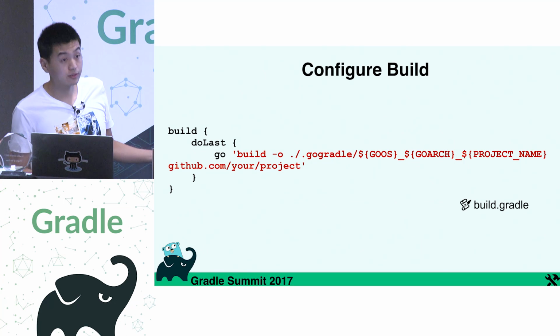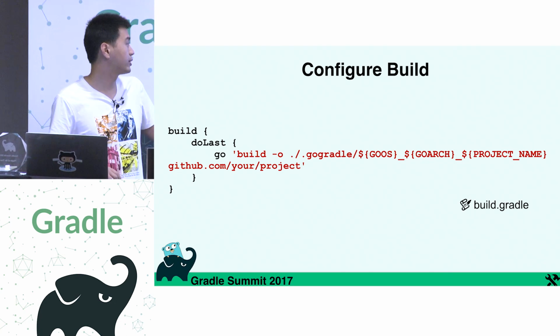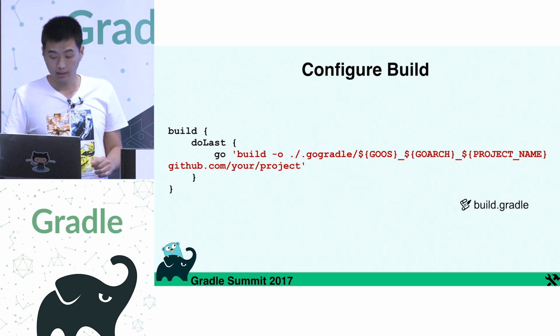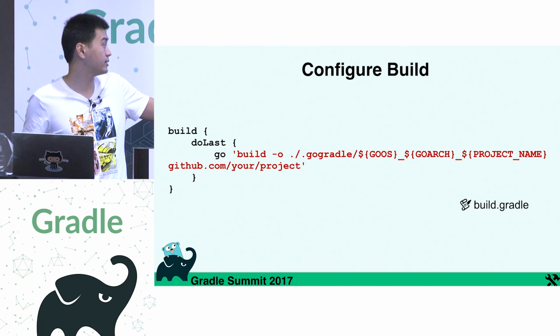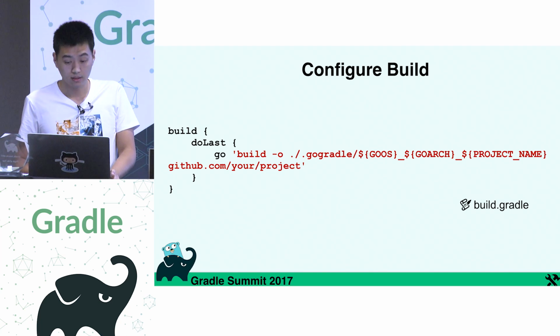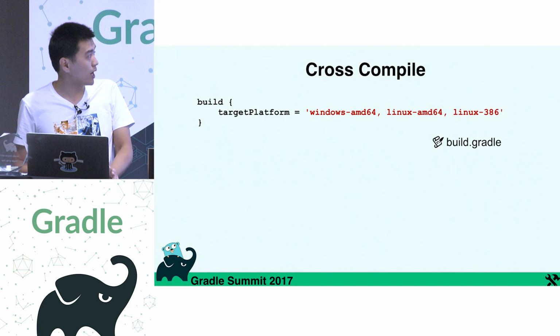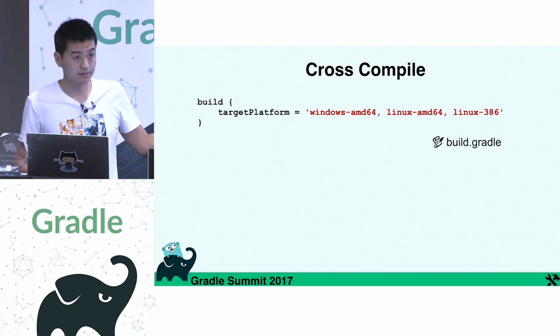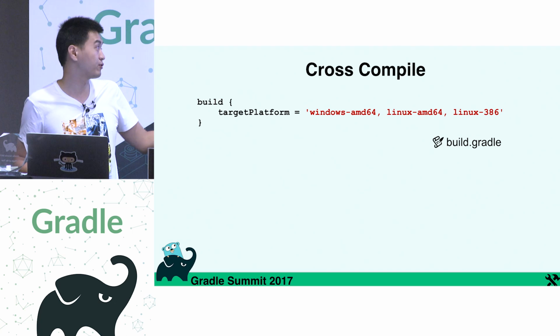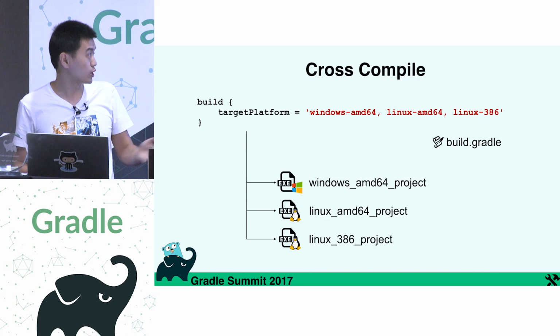And by default, Gradle build is equivalent to go build -o output location and your project package path. Note that interesting placeholder. It's for cross-compilation. That means if I write a configuration like this, Gogradle will do the cross-compilation and generate the results for the 3 platforms automatically, just like this.